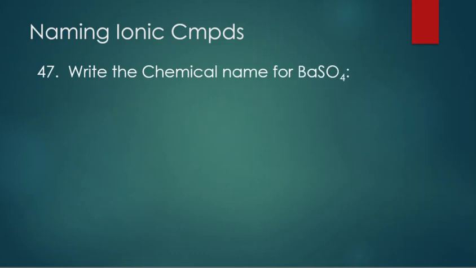How about this one? Let's see. Gage. Look up Ba, find it. What's its name? Barium. How many charges does it have? No, charges. Does it have 1 or 2 or 3? Is it multiple charges or is it only 1?